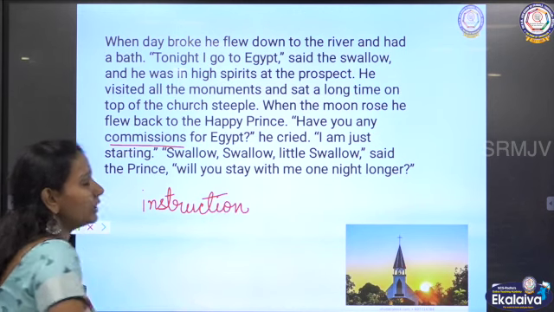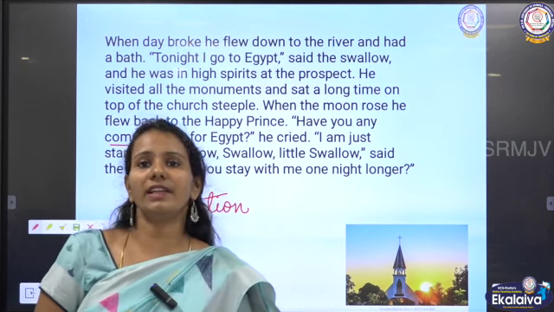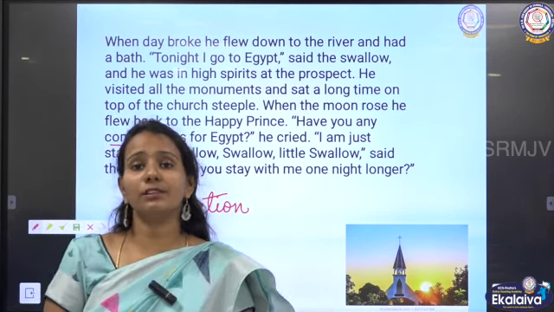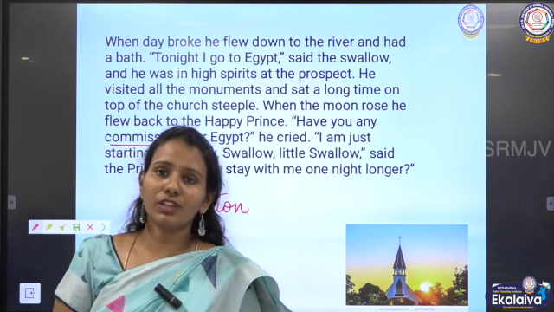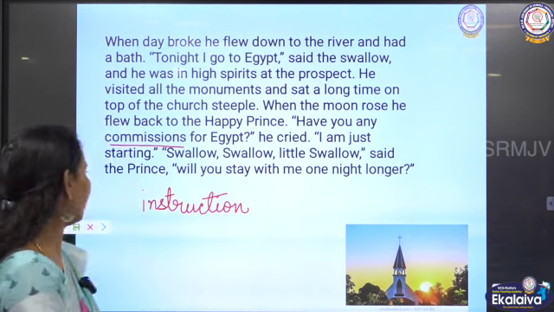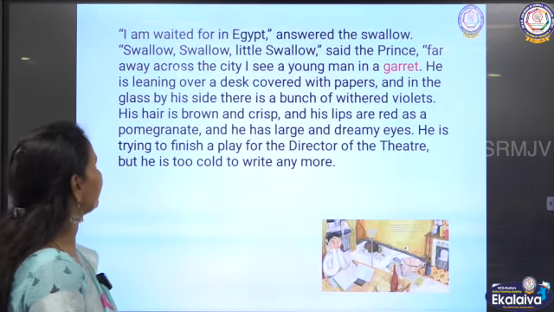Because he is going to Egypt and won't be able to see him anymore, he is asking if there is any instruction which the prince wishes to give. Now the prince is asking, swallow, swallow, will you stay with me one more night? So this was a request of the happy prince to the swallow once again.